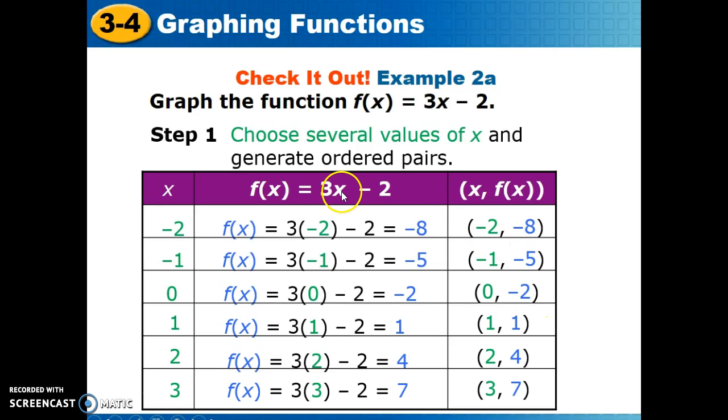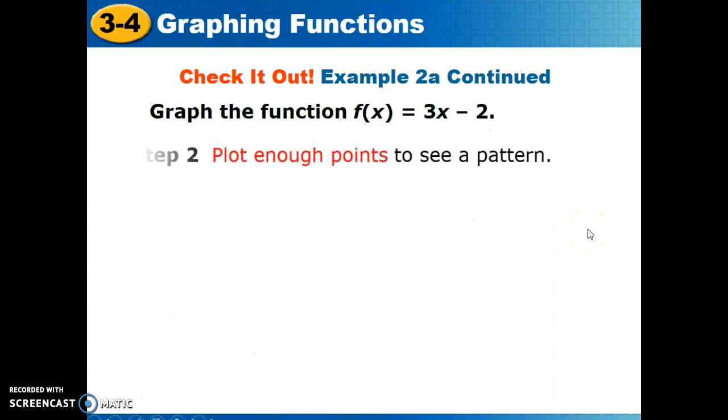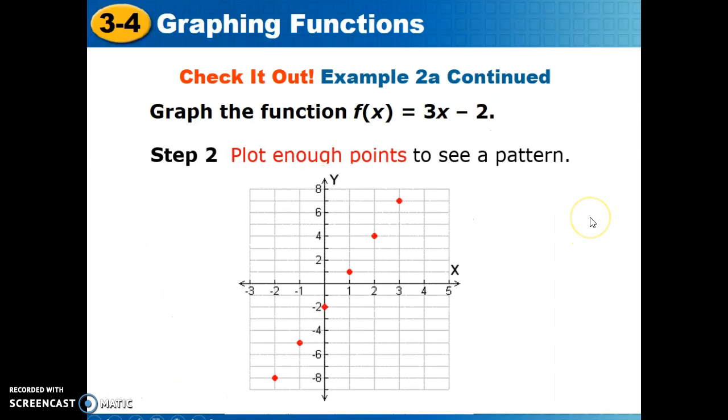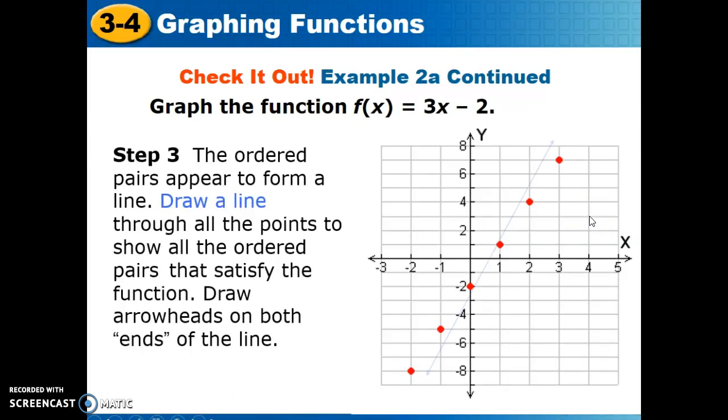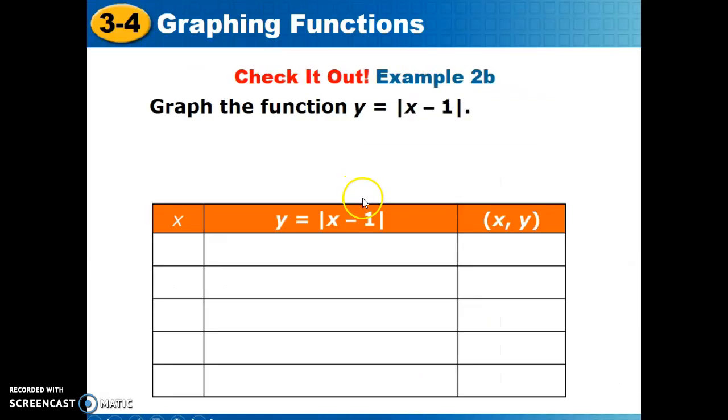Let's input those into our function. Calculating, replacing the x value with our domain, that's what x is, gives us our range value or our function at x. These ordered pairs can then be graphed, and we can see once again that they fall in a straight line. Linear function, no powers greater than 1.